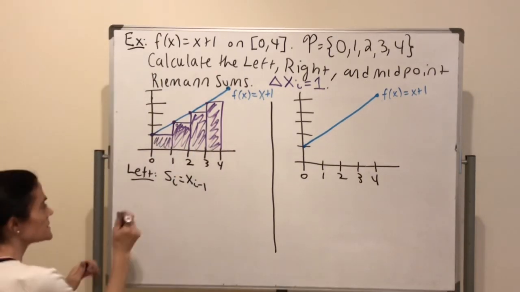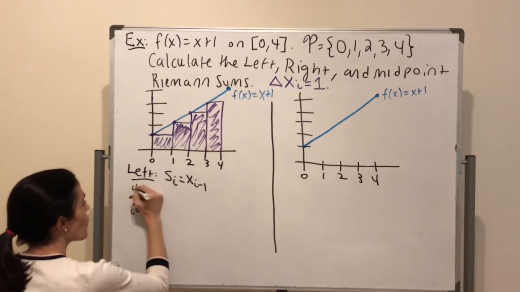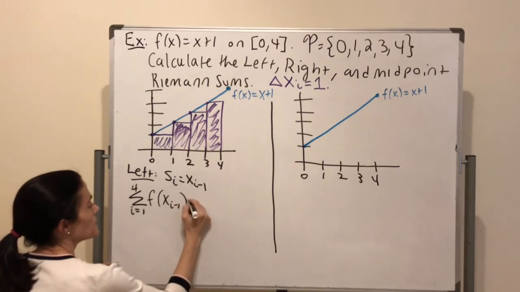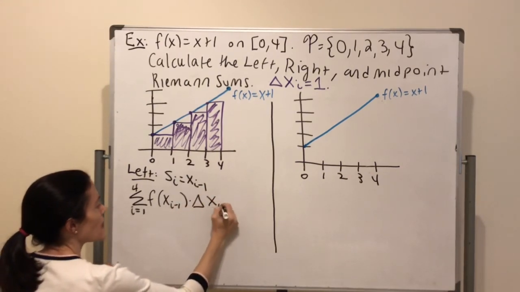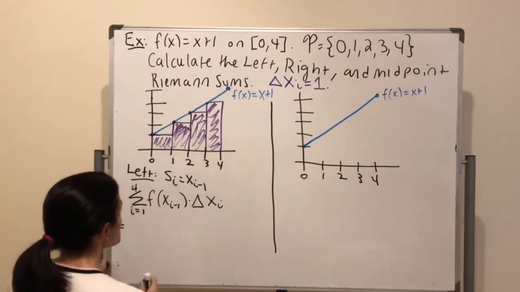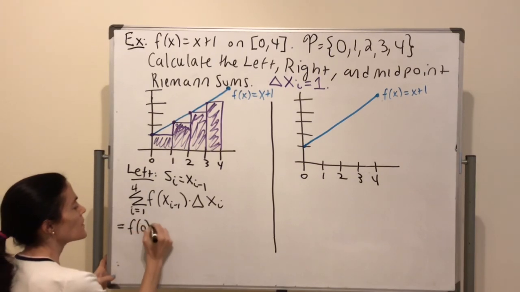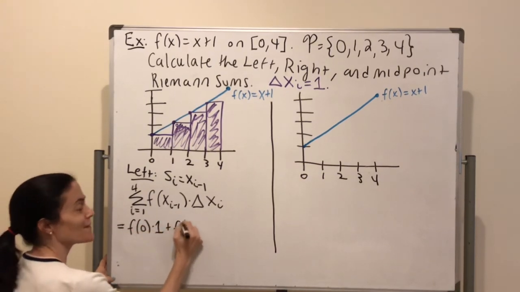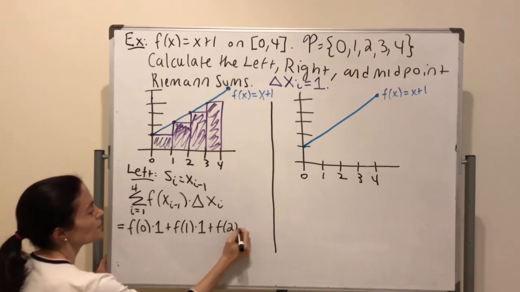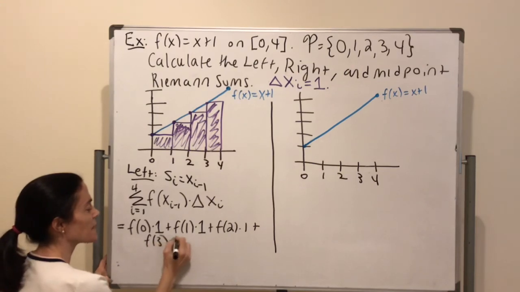What we want is the sum from i equals 1 to 4 of f of xi minus 1 times delta xi. But this is just 1, so let's start writing out the terms. This will be f of 0 times 1 plus f of 1 times 1 plus f of 2 times 1 and then plus f of 3 times 1.